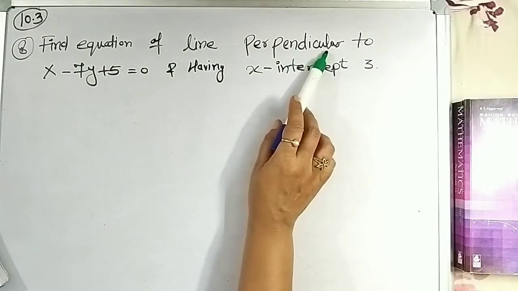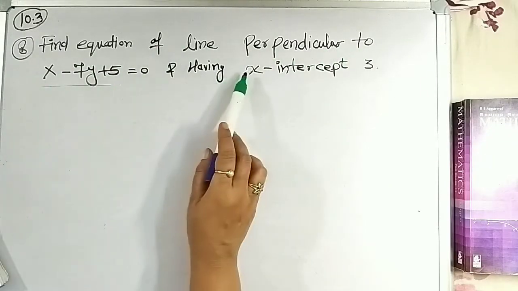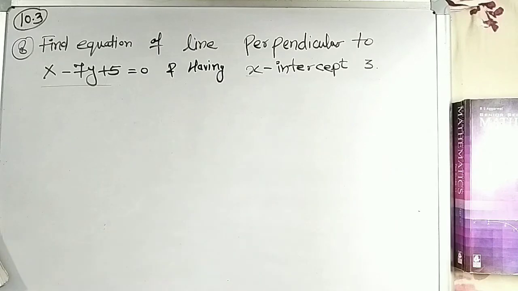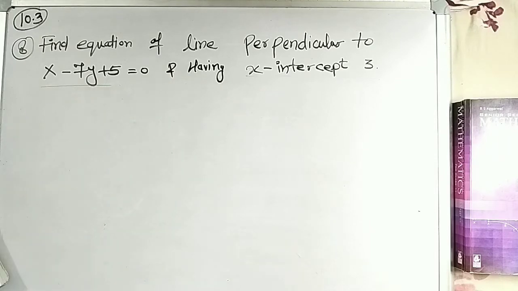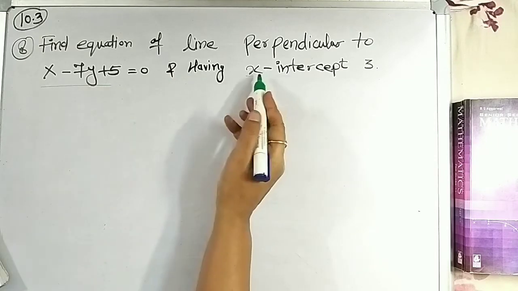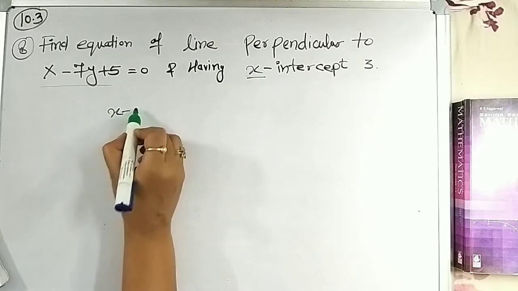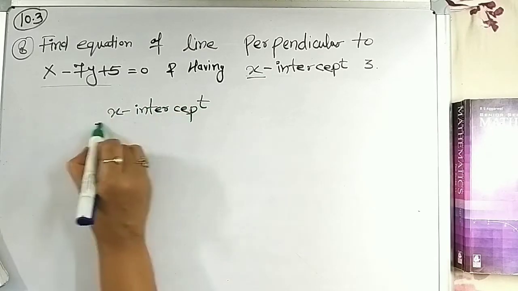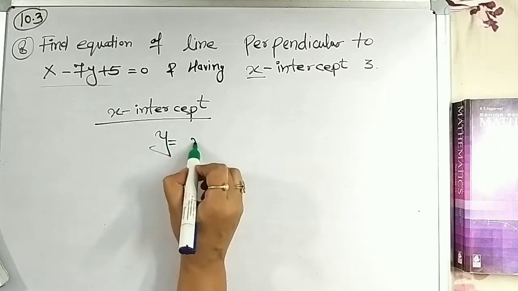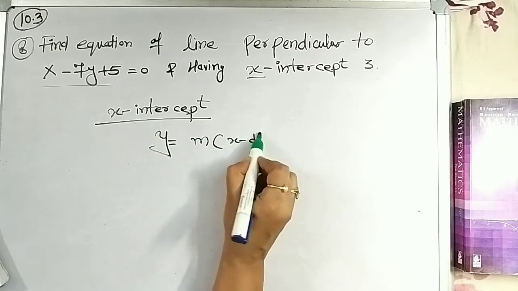Find the equation of line perpendicular to this and having x-intercept as 3. So always two pieces of information are given, and they are provided here: x-intercept and perpendicular. So if we know x-intercept, there is a formula, which is rarely used, but y is equal to mx minus d.